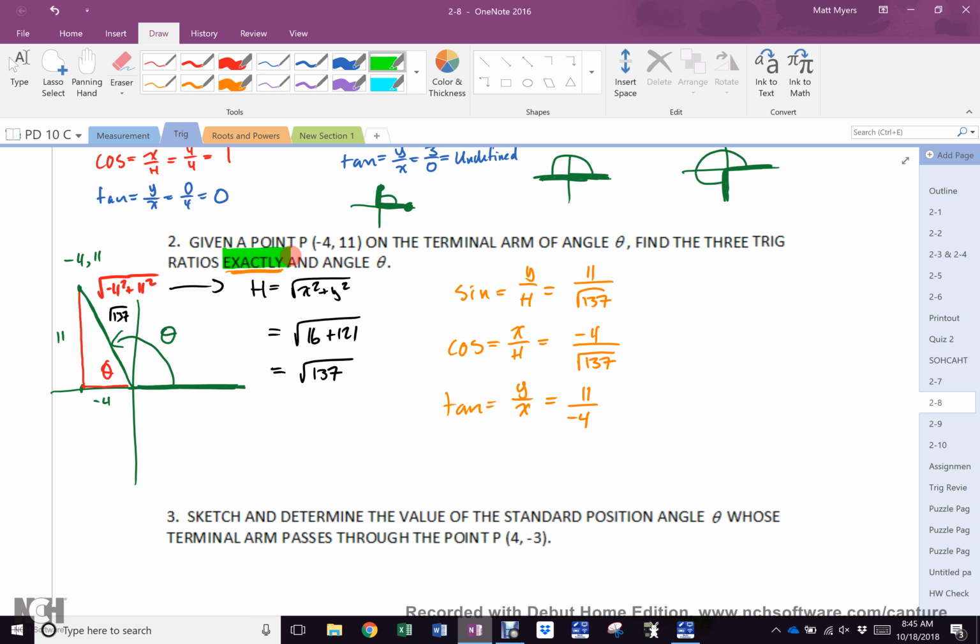No. So in the real world, I would find this approximation, yes? But in trig, in math, we don't. We leave it exact. Just like in the first unit, how we stopped rounding pi and left it as pi.